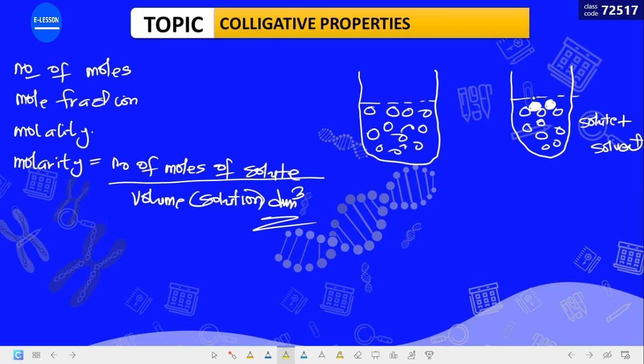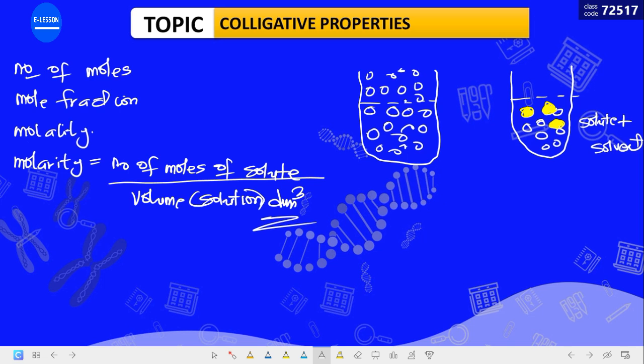Okay, let me use a different color to indicate all this. Now you discover something: vapor pressure is the pressure that is exerted on the atmosphere by a solution or by a solvent or by any liquid at all.